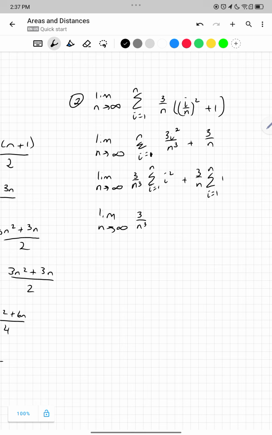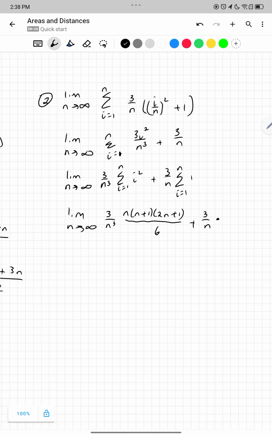Okay, let's just erase this. We're going to have n plus 1, 2n plus 1 all over 6, and plus 3 over n multiplied by n. So the limit as n approaches infinity, we're going to have 3n, n plus 1.